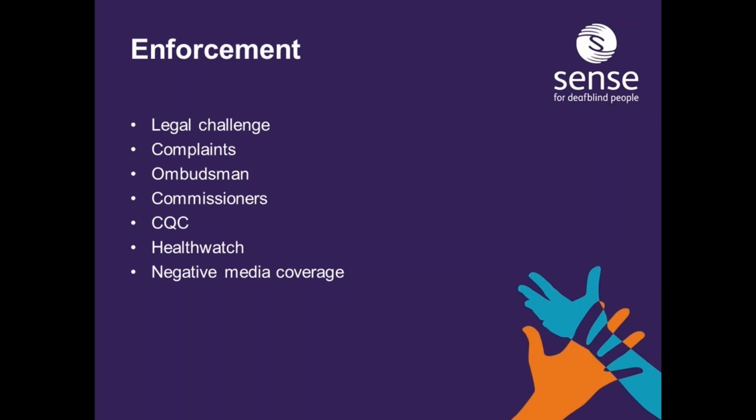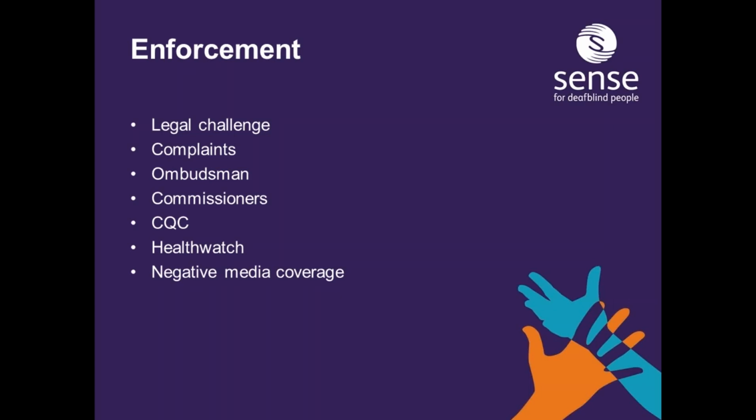Commissioners play an indirect role in enforcement, so the specification, as I said, does make clear that commissioners must support providers to comply with the standard, including through contracts, tariffs, frameworks and performance management arrangements. The Care Quality Commission is the independent health and adult social care regulator.